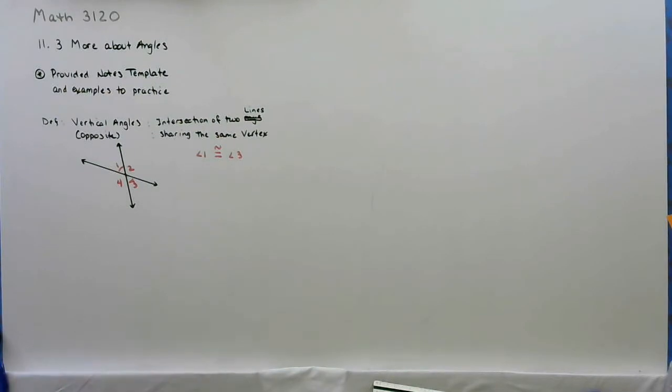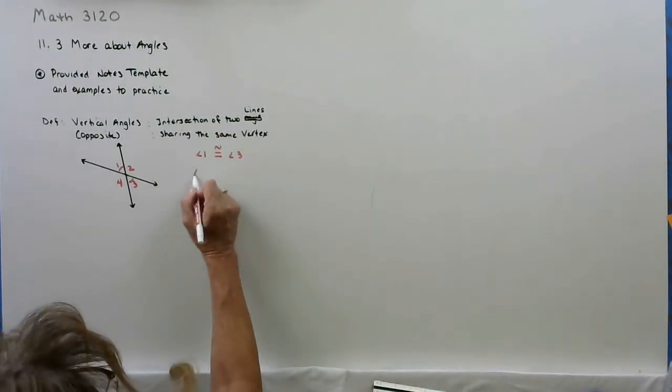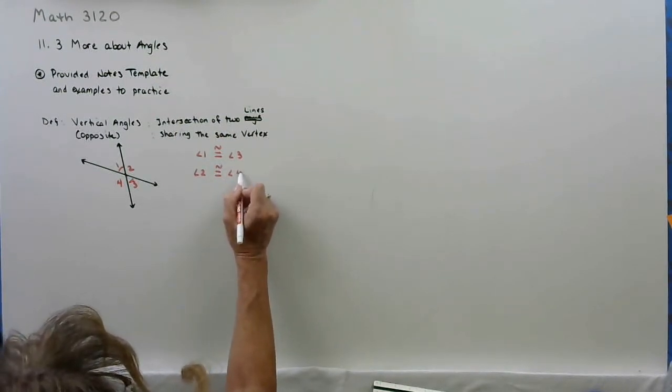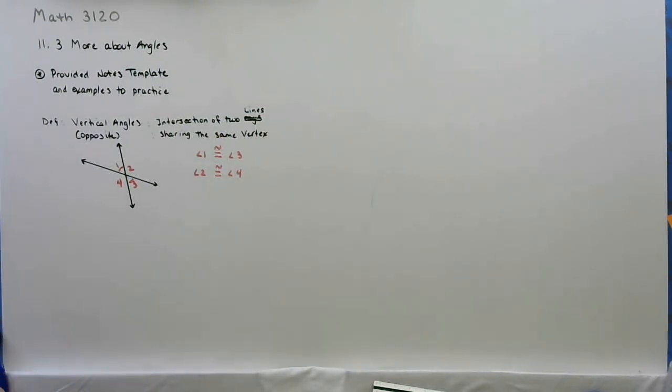They share the exact same two lines and they're across from each other, so they are congruent. They have equal measure. Angle number 2 has equal measure to angle number 4, and therefore they are also congruent. So those are vertical or opposite angles.